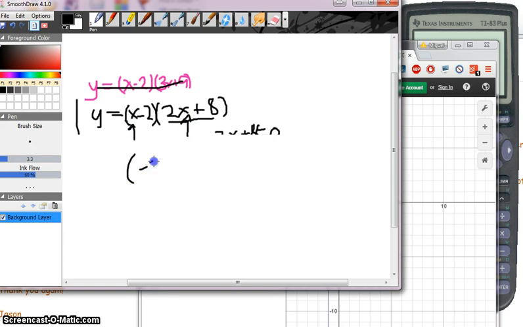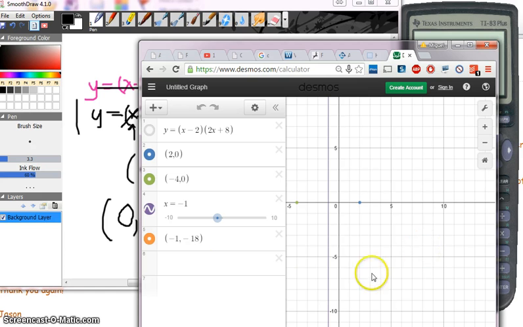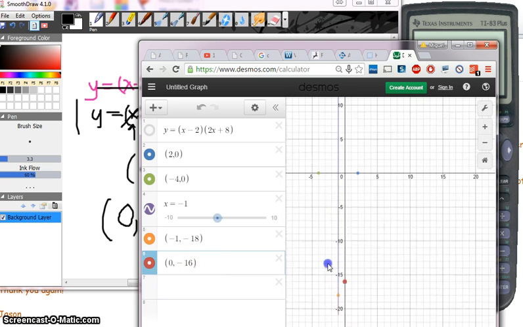So we have this negative 2 times 8. So this cancels out, so then it becomes negative 16. So your y-intercept is 0, negative 16, and bada bing, bada boom. Negative 16, what the heck? And there is your y-intercept, right there.